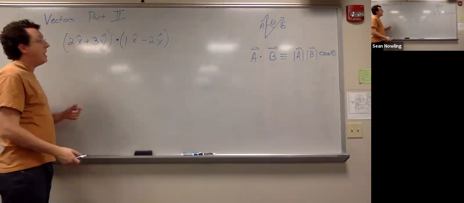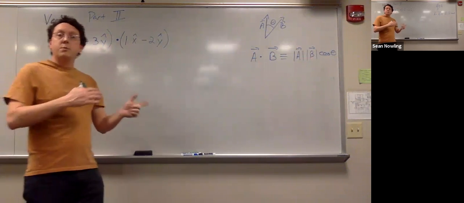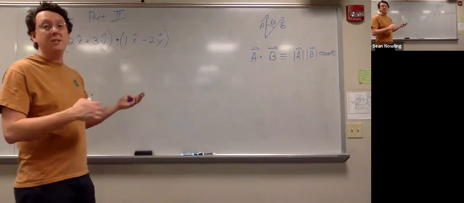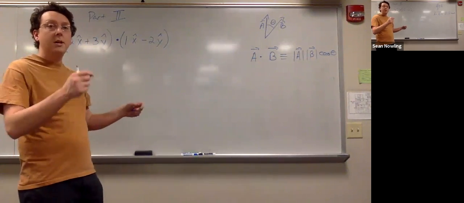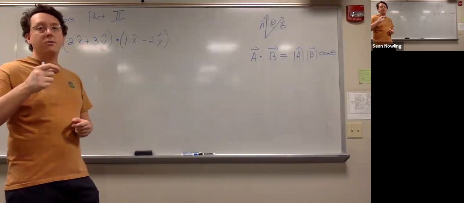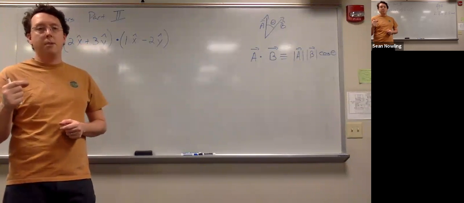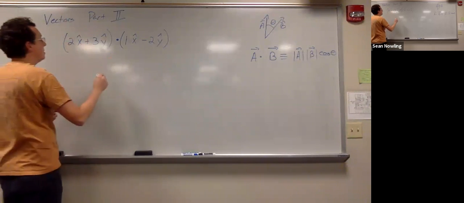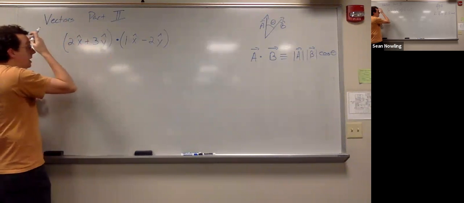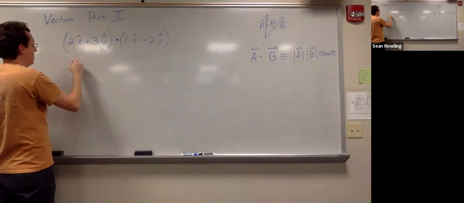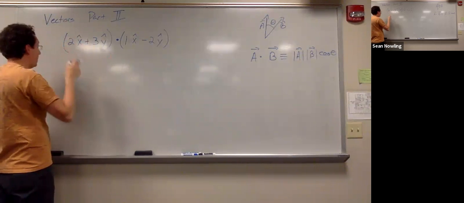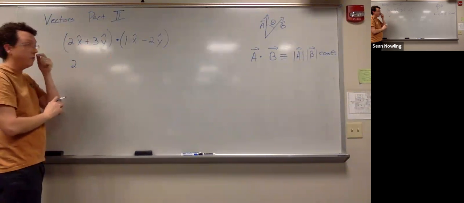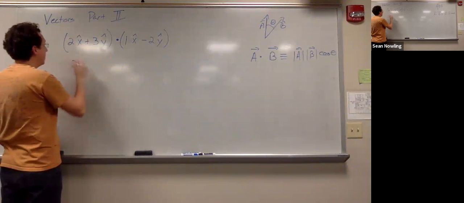So instead, we're going to use the algebraic properties, the linearity properties, or really the distributive properties, to pull this apart and write it so that you actually only have to take the dot product between unit vectors, and it's really not so bad. So we're just going to distribute this out, and I'll write it out here since it's the first time, and we're not meeting in person. So normally in person, I'd have you kind of work through it with your neighbor, but alas, this is what we have.